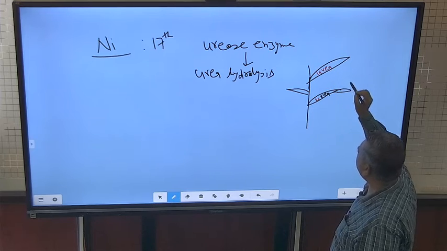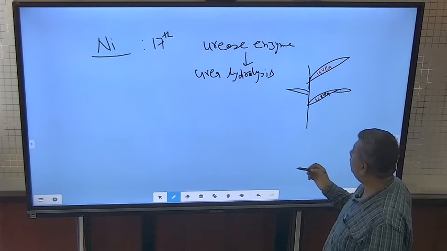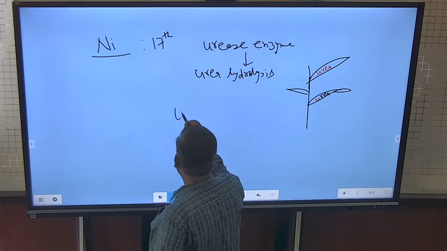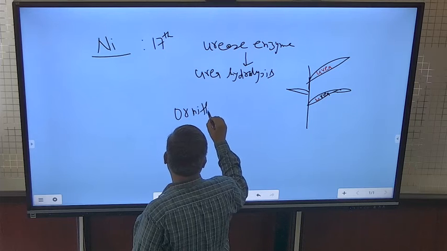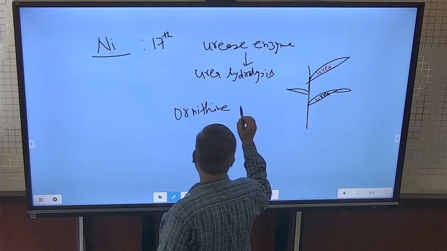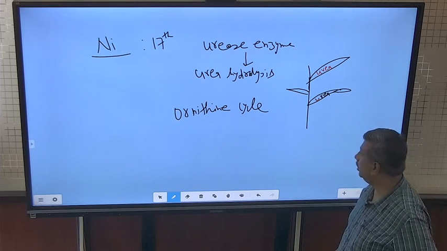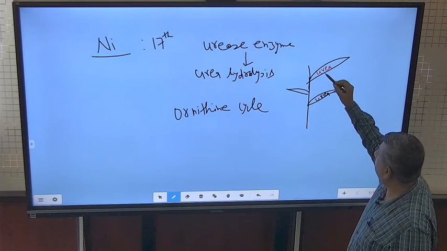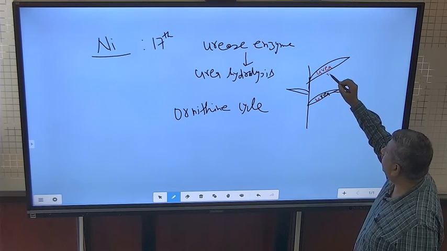There are many biosynthetic pathways where urea formation takes place, for example the ornithine cycle of urea biosynthesis. When the urea concentration is high, it becomes toxic to the leaves.